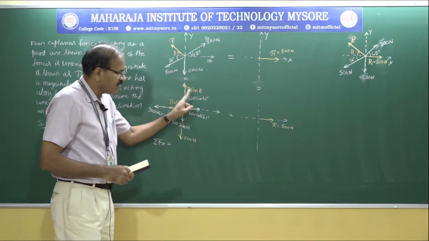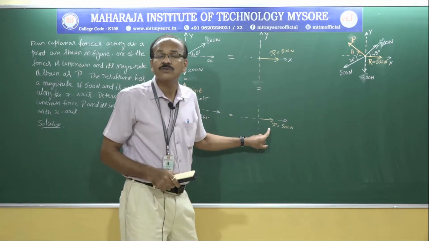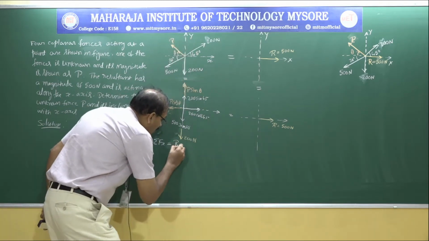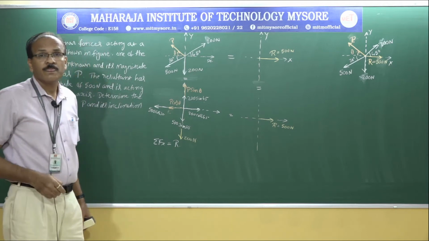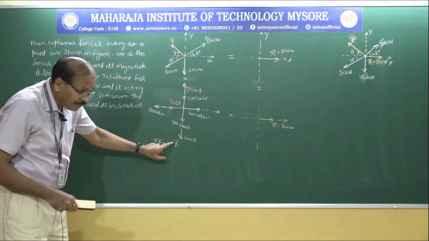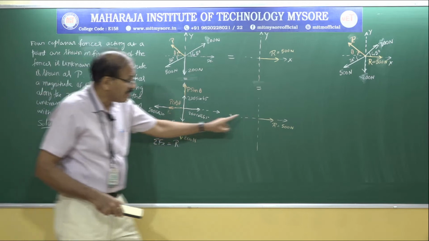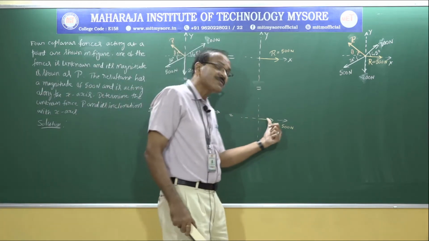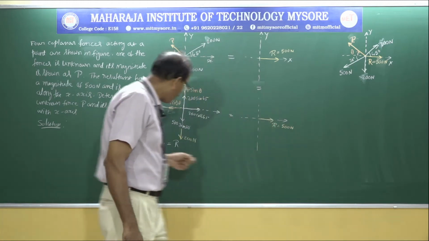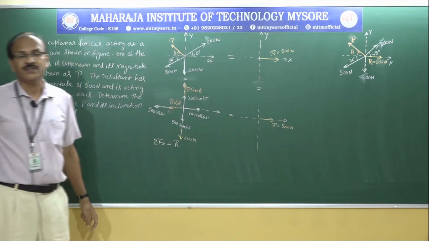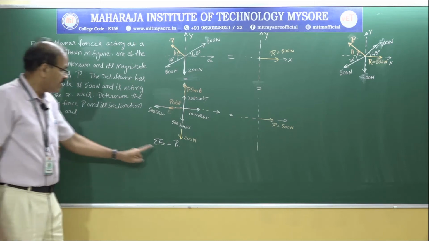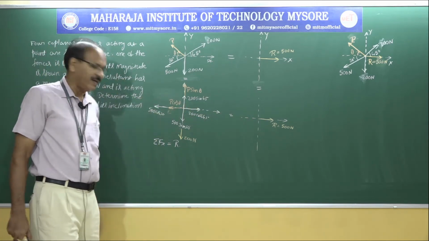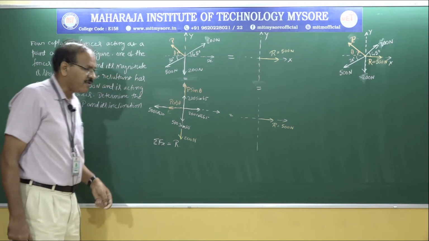Sigma Fx on this side should be equated to the resultant R. So R I am going to write as plus R. The reason is R is acting to the right. If R was acting to the left, I would have put minus R here. So here I am going to take the value as it is with plus sign because it is acting to the right.